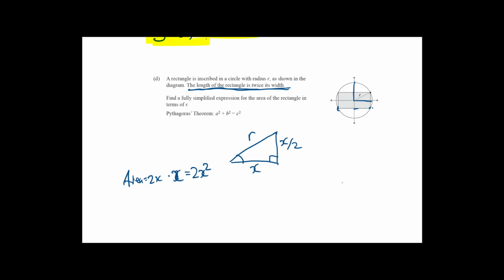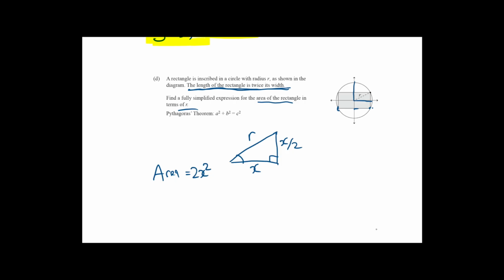So the area is, let's write that out. It's not very neat. So the area is that. But we want the area of the rectangle in terms of r.